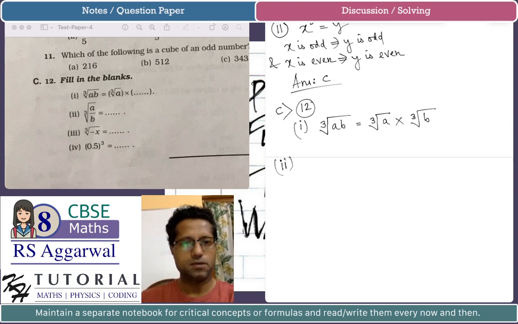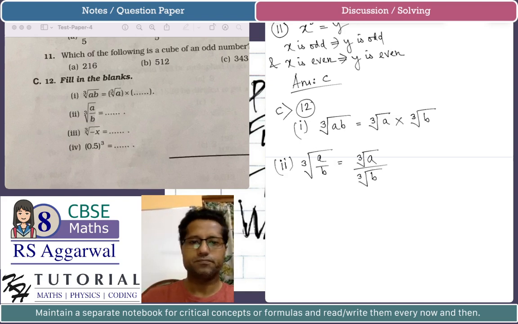Part 2 is cube root of A by B, which is obviously equal to cube root of A divided by cube root of B. Okay. These are very standard properties.